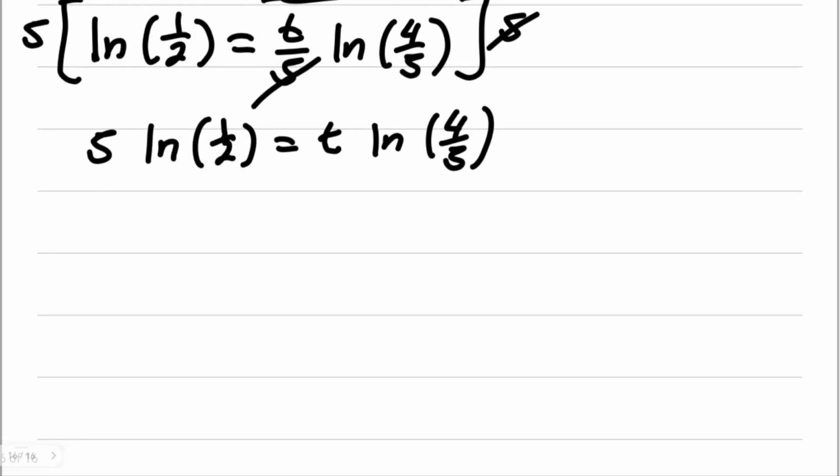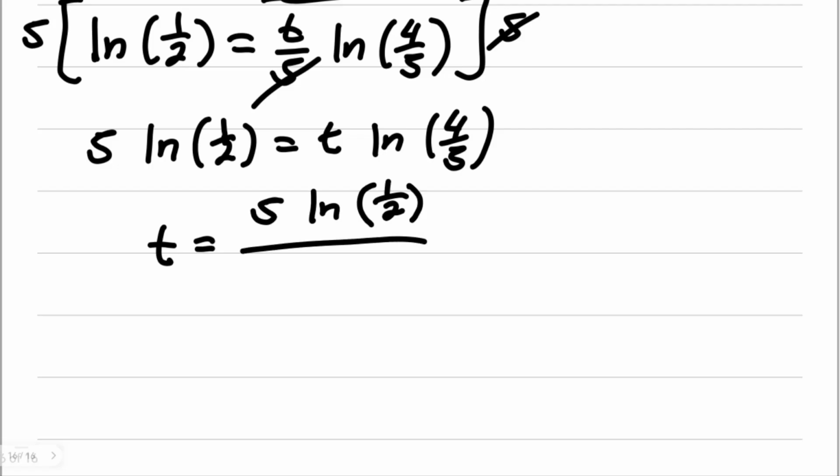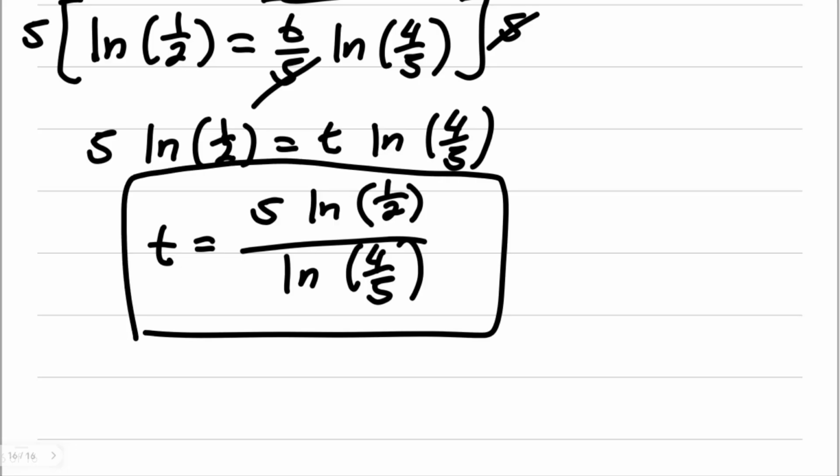In short, t equals 5 times the natural logarithm of 1/2 all over the natural logarithm of 4/5. This is now the formula needed to identify the specific point when the final temperature becomes 75 degrees Fahrenheit.